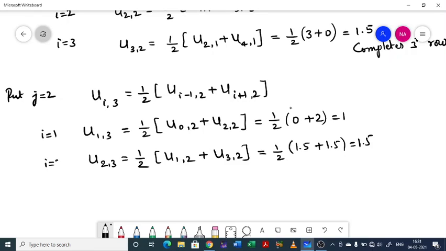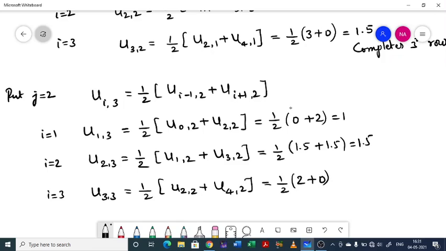Taking i equal to 3, u(3,3) will be 1/2 times (u(2,2) plus u(4,2)), so it will be 1/2 times (2 plus 0). So this completes the fourth row.